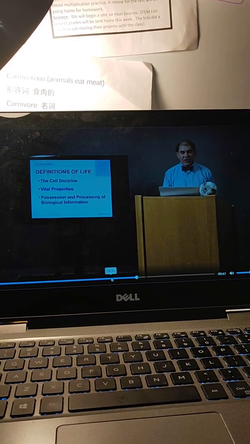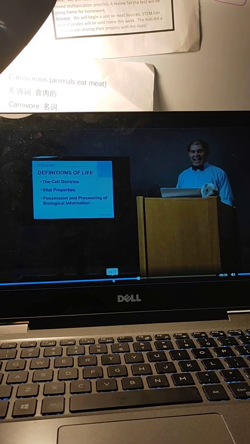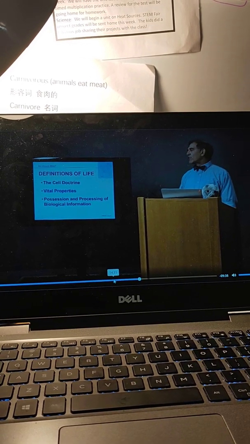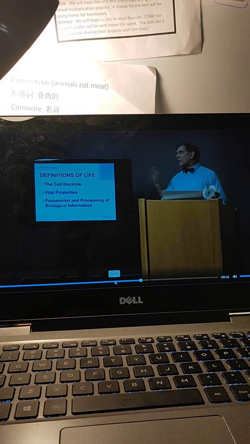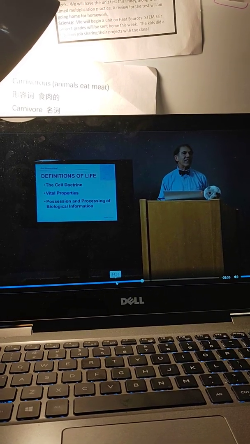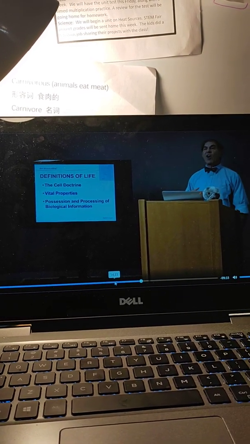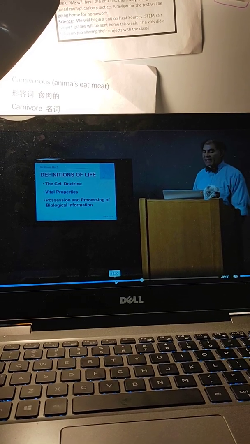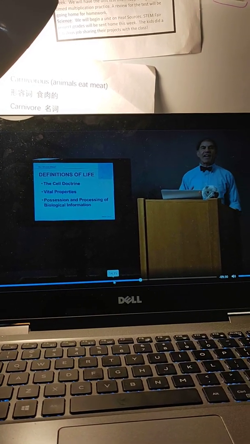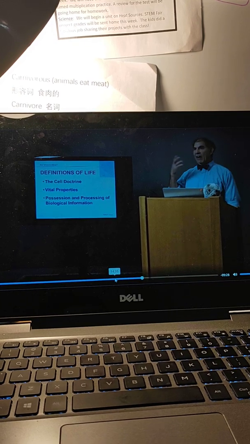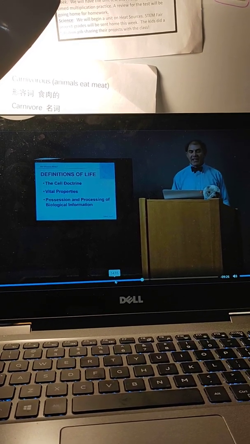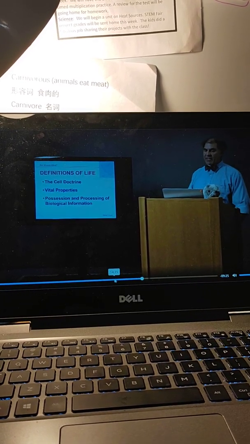So that brings us to the third definition, and the third definition focuses in on this ability to reproduce. And the third definition suggests that all living things possess and process biological information in order to carry out the things they need to do and in order to make more copies of themselves.